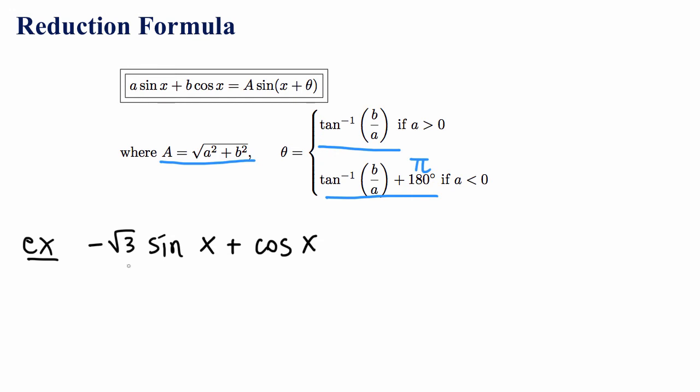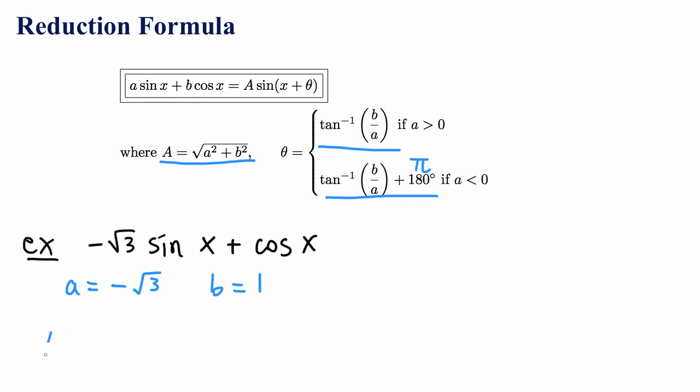Now in this next example, I'm going to show you how to use these formulas to convert the sum of negative 3 square root of 3 sine x and cosine x into a single sine function. Okay, so let's note here that the coefficient of sine x, the value of a, is negative square root of 3, and the coefficient of cosine x is 1.